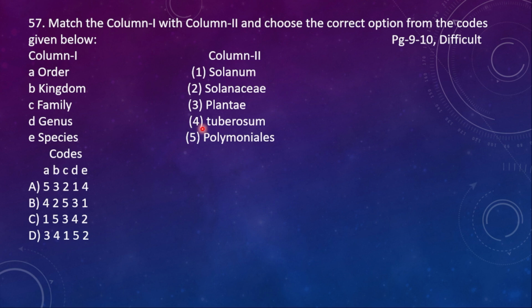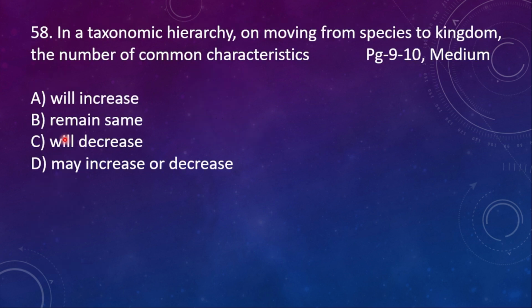Tuberosum is what? Species. Solanum is what? Genus. D is 1 and E is 4. First one itself. So option A is correct. See how simple it is.